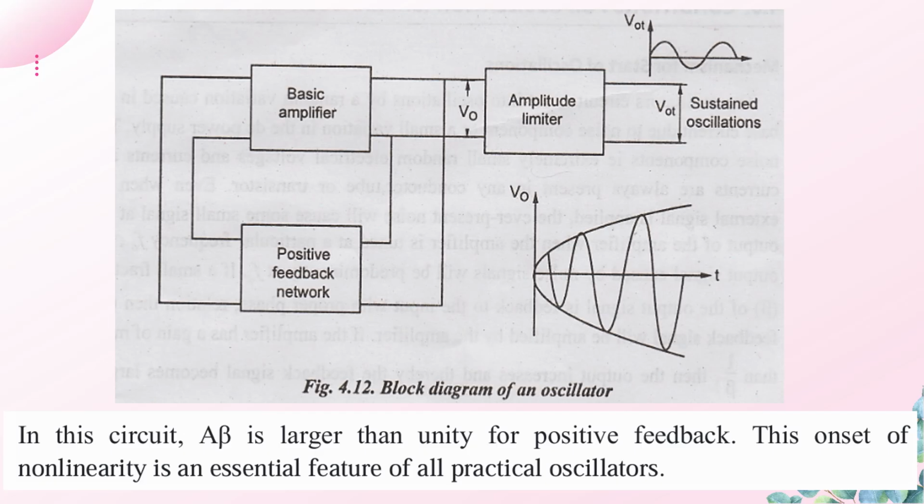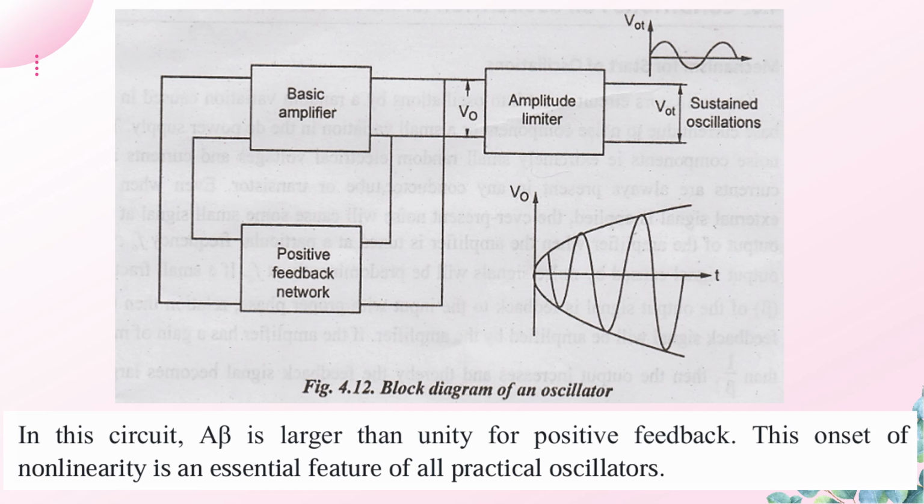So this is the block diagram representing an oscillator. It consists of a basic amplifier, an amplitude limiter, and in the feedback we are having a positive feedback network. So one of the most important applications of positive feedback is in oscillators.